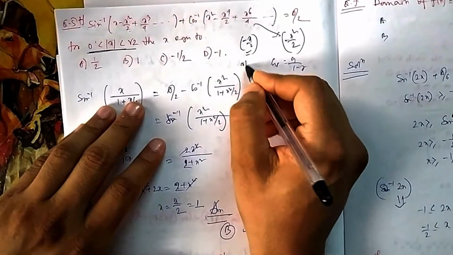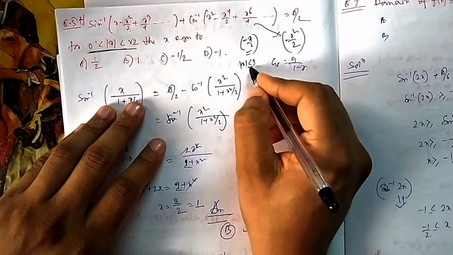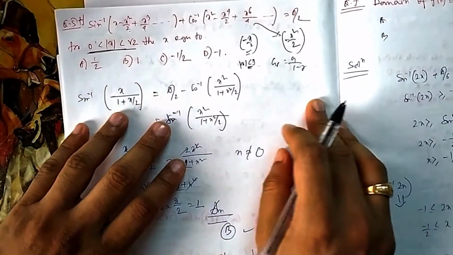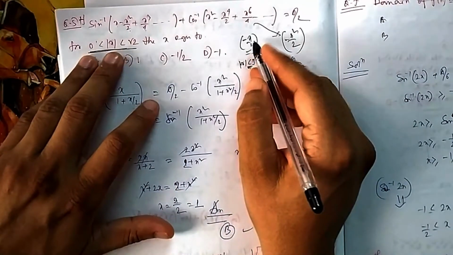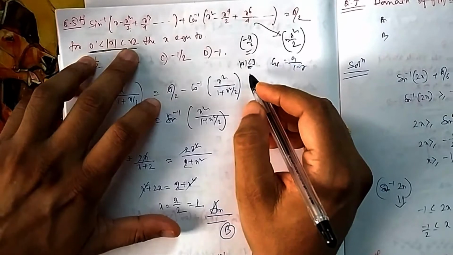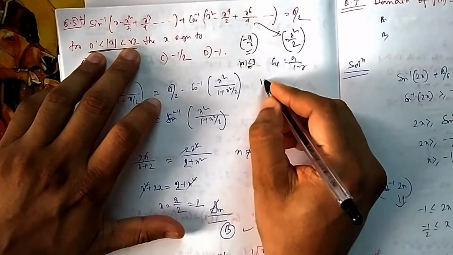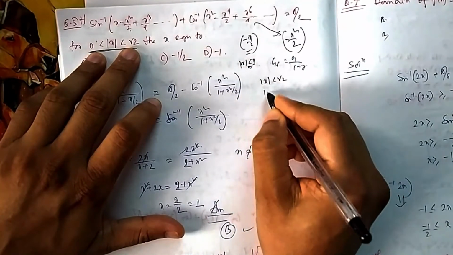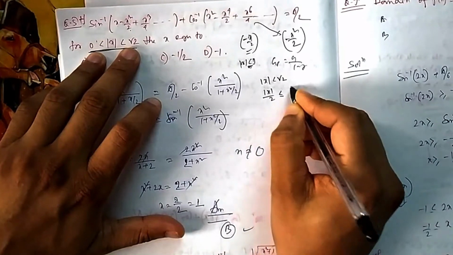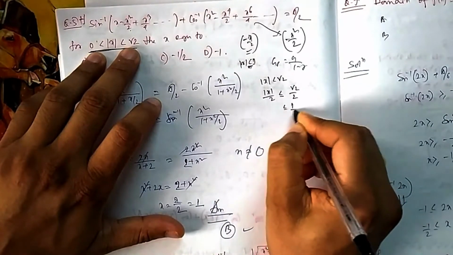So if the magnitude of r is less than 1, then we can apply that infinite formula. Now you can see, mod x is less than root 2, so obviously mod x by 2 will be less than root 2 by 2, which is less than 1.